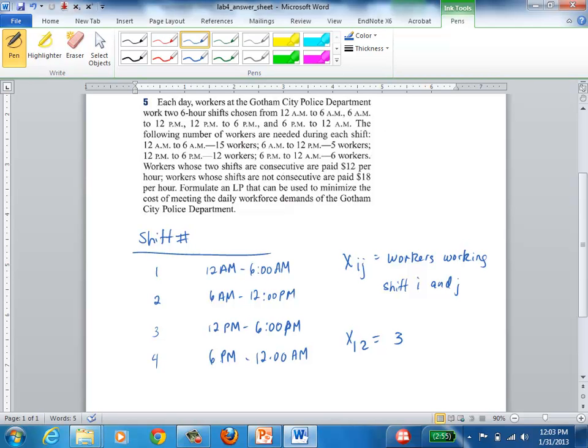So if it is consecutive, you have 1 and 2, 2 and 3, 3 and 4, 4 and 1. Those are consecutive. Then you have 1 and 3 that are non-consecutive. So you can define those combinations and use them for your formulation.